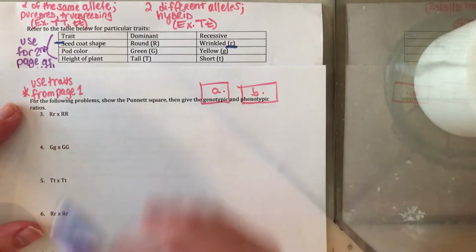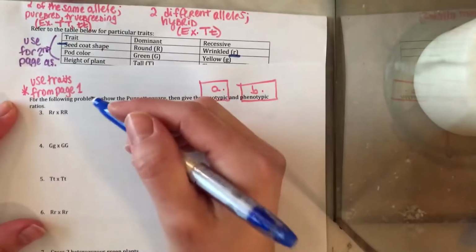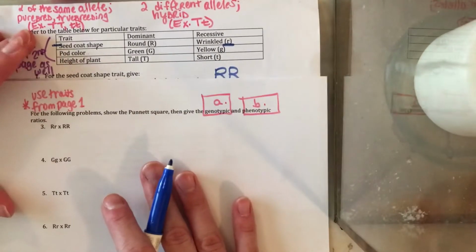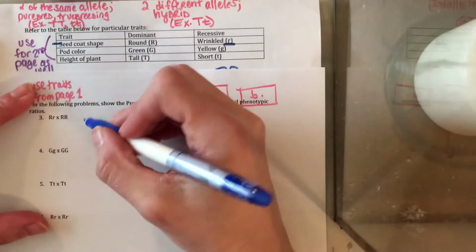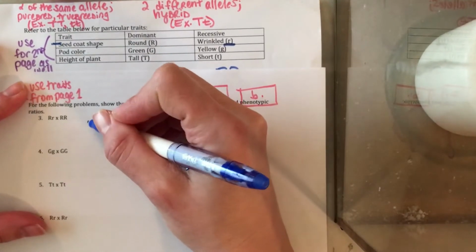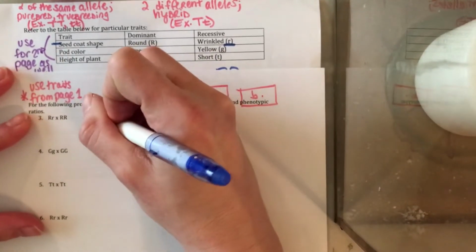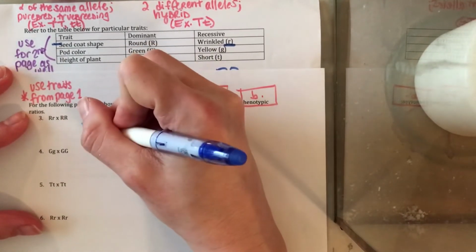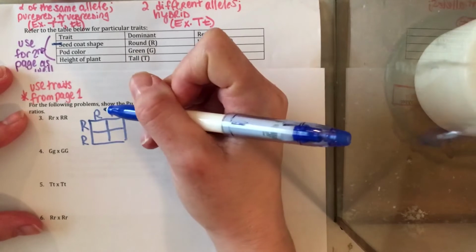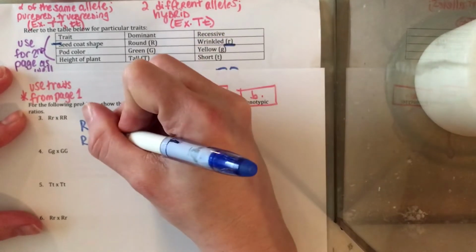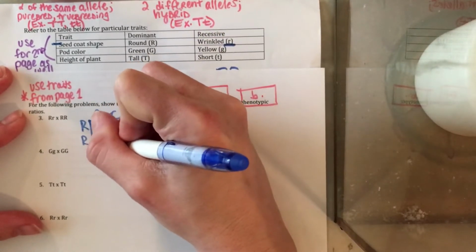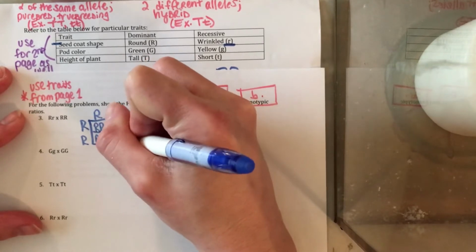So to set up the Punnett square, here we go, and we have our hybrid, which is capital R, lowercase r, and homozygous dominant, capital R, and then we fill out our Punnett square as follows.